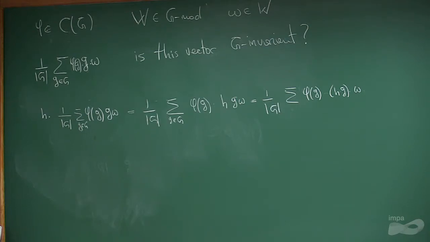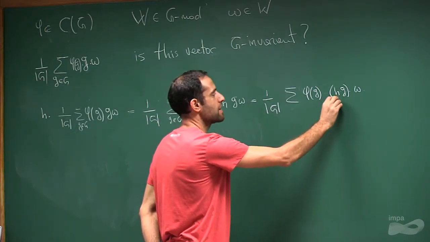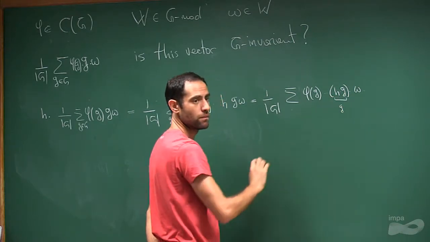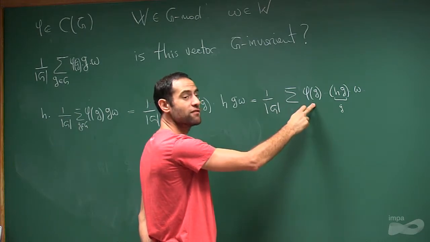So one thing I can try to do is just relabel. Since I know that multiplication on the left is an automorphism, I can relabel this guy to be g. And then g is going to be h inverse times g.